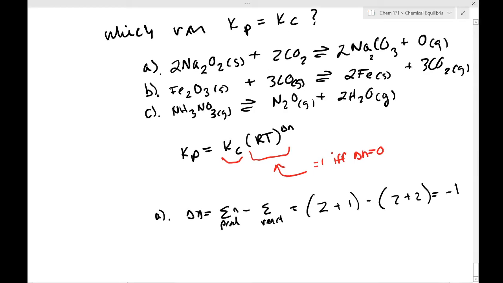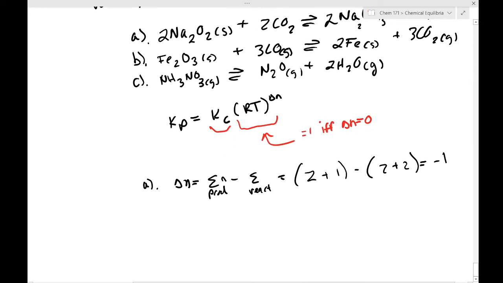So the change in N is -1. That can't be Kp equal to Kc. Let's do B. Delta N is equal to, in this case, products 2 plus 3 minus 1 plus 3, which is equal to +1. So this also has a non-zero delta N.